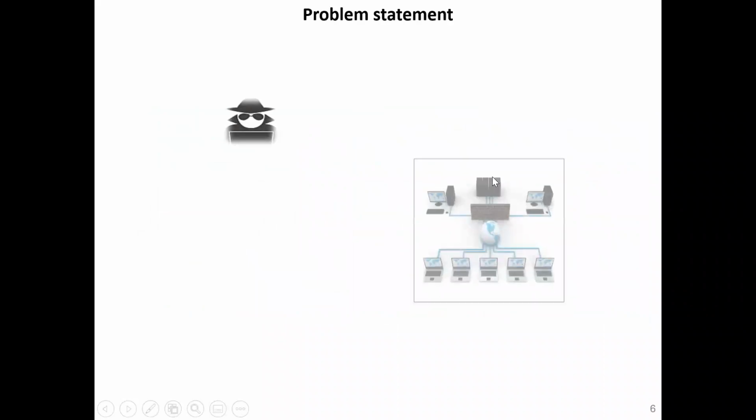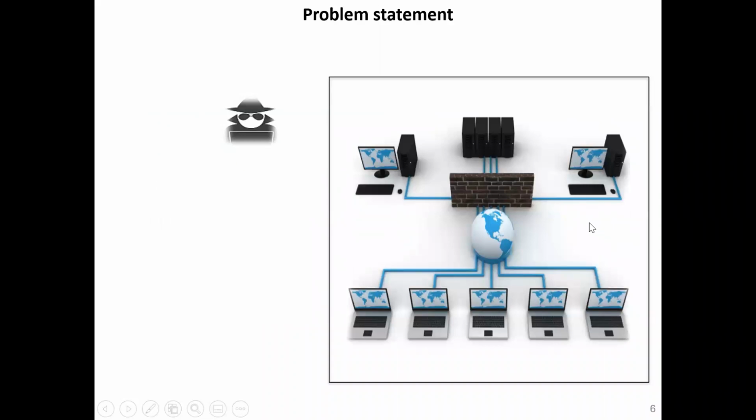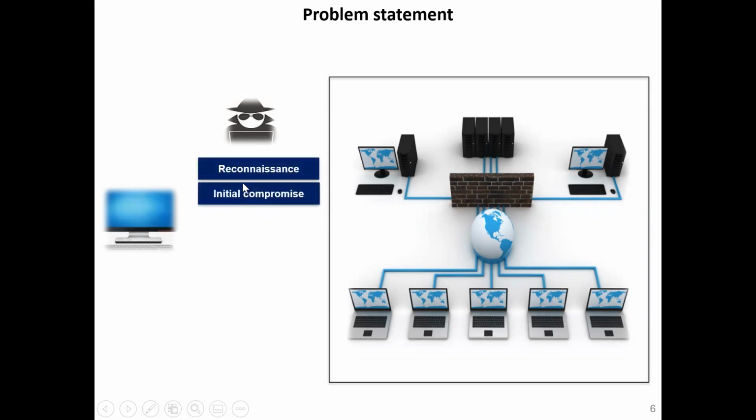So, the problem statement. Imagine this is the APT, and this is the organization or government the APT needs to attack. This computer is part of this infrastructure. The APT will start to put a foothold inside this infrastructure by attacking this potential victim using reconnaissance and initial compromise. After applying these two techniques, this computer becomes compromised.